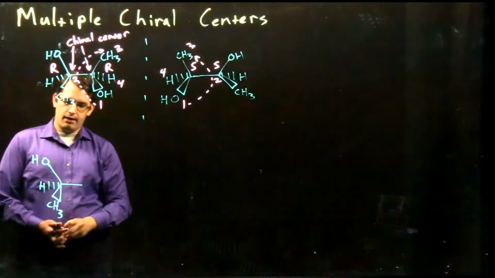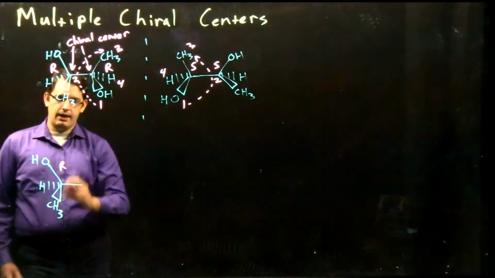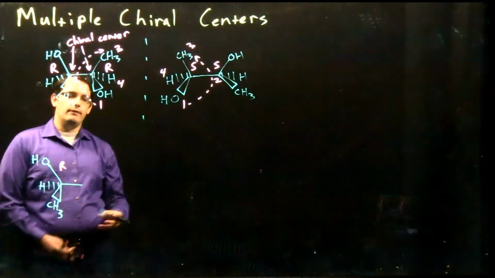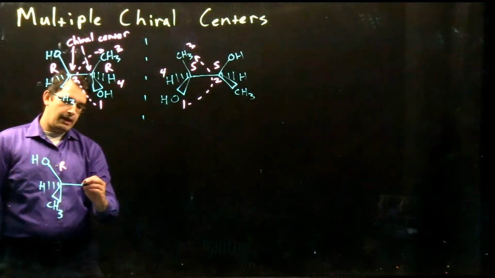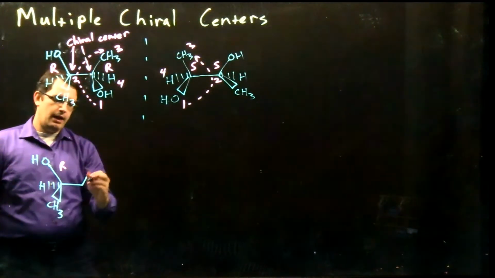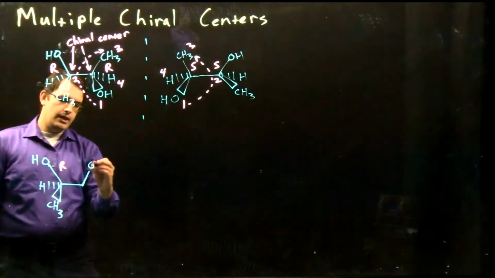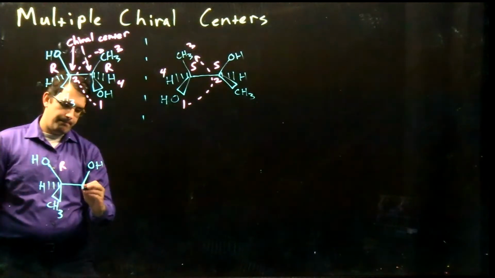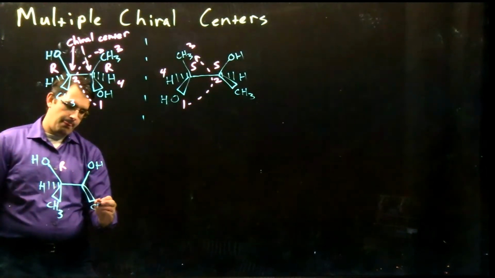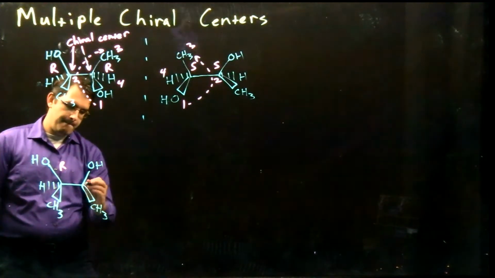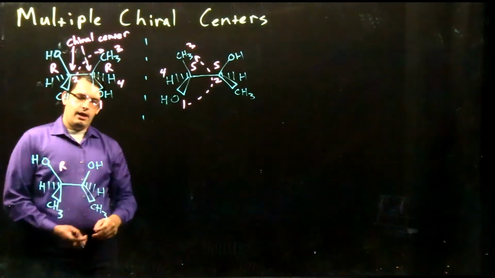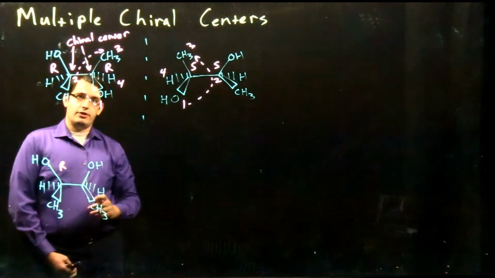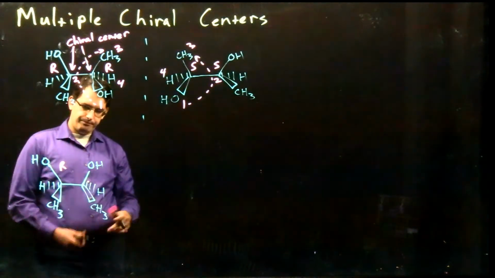So this is still going to be R, it's still drawn exactly the same, with the same relative orientation. My chiral center on the right, I'm going to switch my oxygen and my carbon, so I get a structure that looks like this.